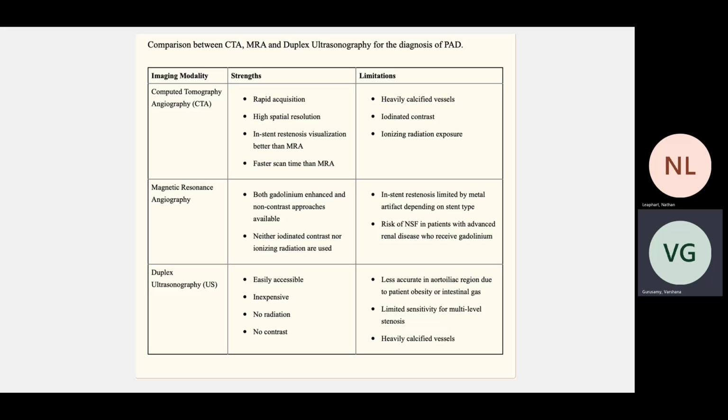And that's where MRA can be really helpful. It helps delineate that much better, but there's a lot of issues with MRIs that take a really long time. Patients can be claustrophobic. If they have renal insufficiency, you worry about giving these patients gadolinium or the MRI contrast, because then they can develop something called NSF.